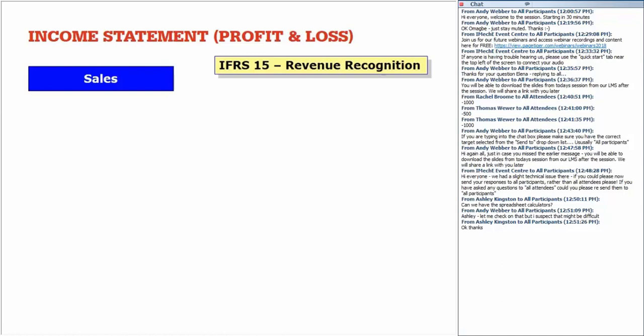One that has come in at the beginning of this year is IFRS 15, which relates to revenue recognition, and it's basically concerning when a sale gets recognized as a sale.